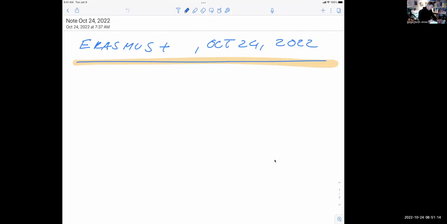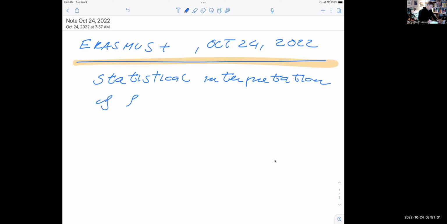So if we now look at the statistical interpretation of ridge and lasso, let's remind ourselves of standard ordinary least squares.